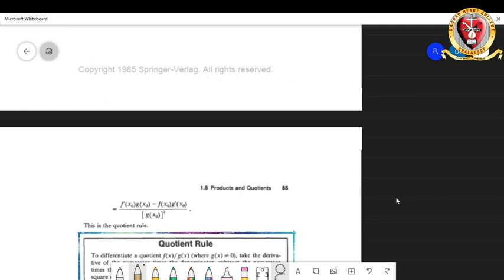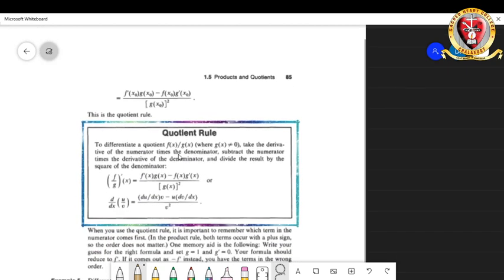And instead of h of x naught, we can substitute by f of x naught divided by g of x naught. Right. And then you simplify it and you will be getting f dash of x naught into g of x naught minus f of x naught into g dash of x naught divided by g of x naught the whole square. So this gives us the quotient rule: if f of x and g of x are two functions, the quotient f of x divided by g of x, where g of x is not equal to 0, we will get f by g dash of x is equal to the derivative of the first function into the second function minus first function into the derivative of the second function divided by second function the whole square, or d by dx of u by v is equal to derivative of u into v minus u into derivative of v divided by v square, or we can write u by v the whole dash is equal to u dash into v minus u into v dash divided by v square.